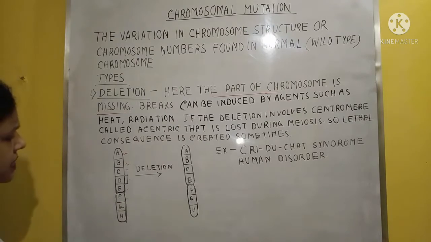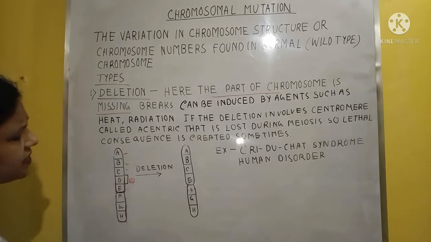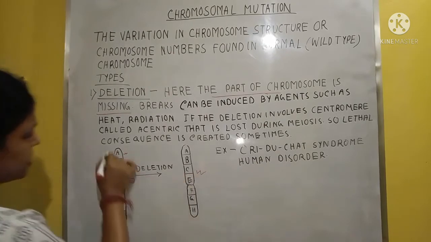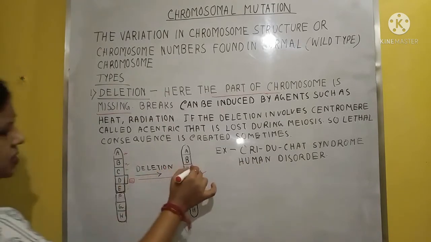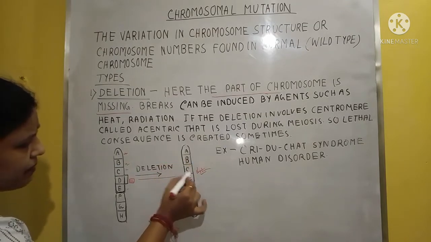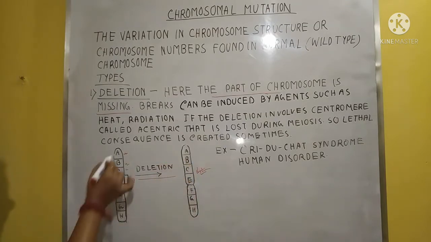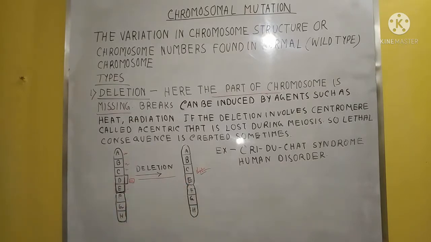The D part of the chromosome is totally removed or deleted. You can see this is the chromosome, and after the process of the deletion, this is formed. Clear? And you can see here the D part is not found. A, B, C, E, the D part is missing. So this is the deletion.